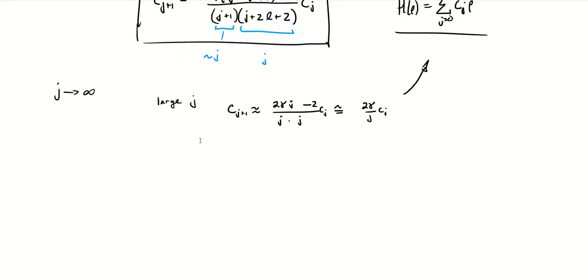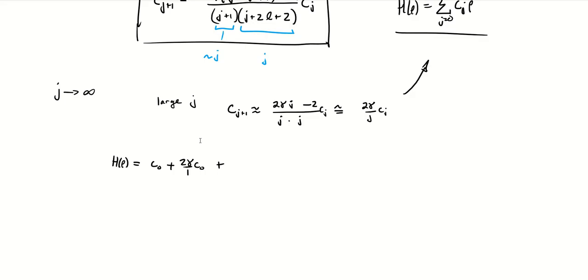Now, if we plug that into our power series here, when j is really large, the first term's just j equals 0, so C0, and then we get C1, which is just going to be 2γ over 1 times C0.